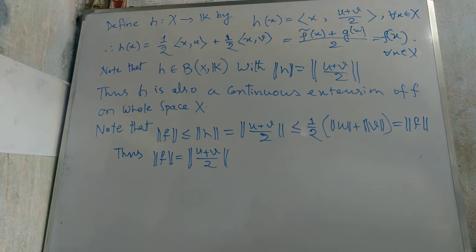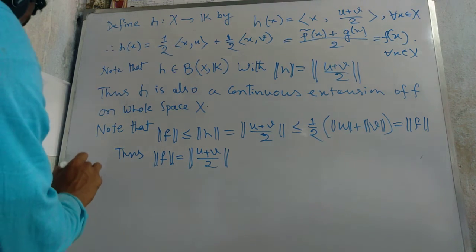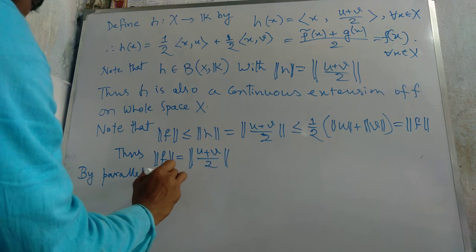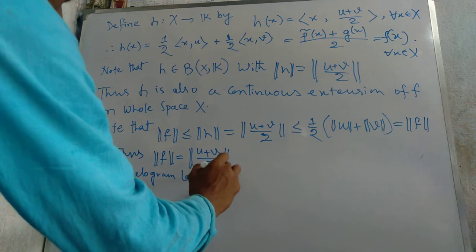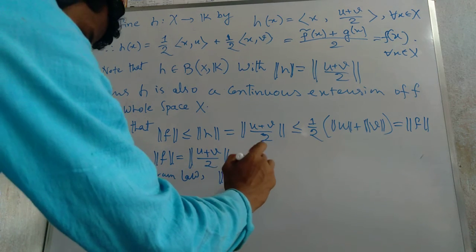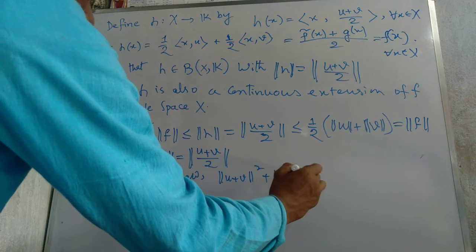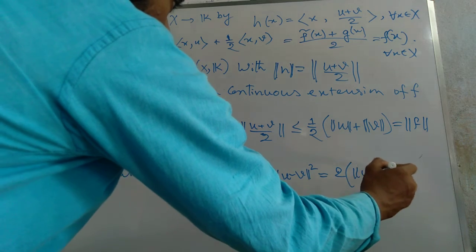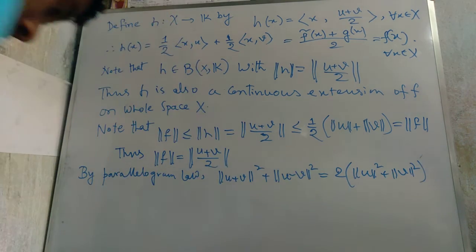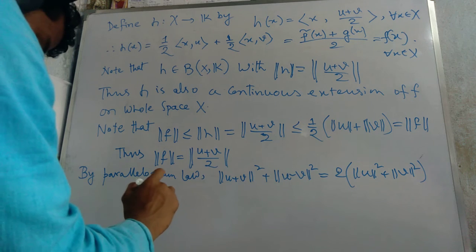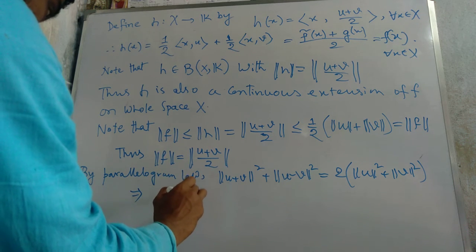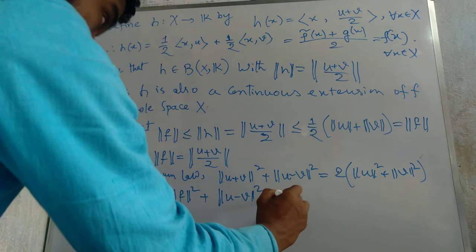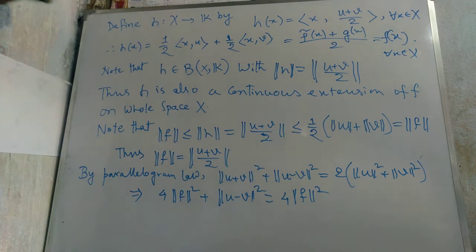Now by the parallelogram law, norm of (u plus v) whole square plus norm of (u minus v) whole square equal to 2 norm of u square plus norm of v square. This implies that 4 of norm of f square plus norm of u minus v square equal to 4 of norm of f square.